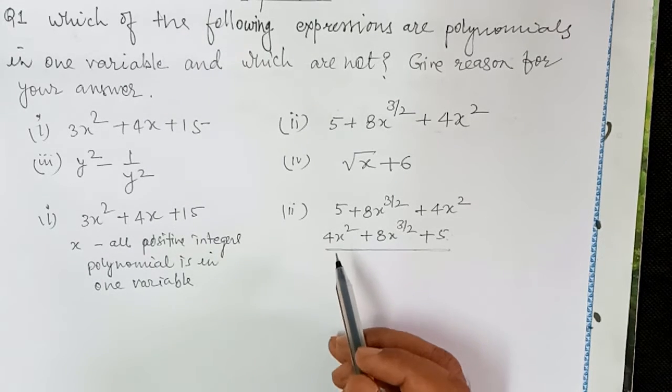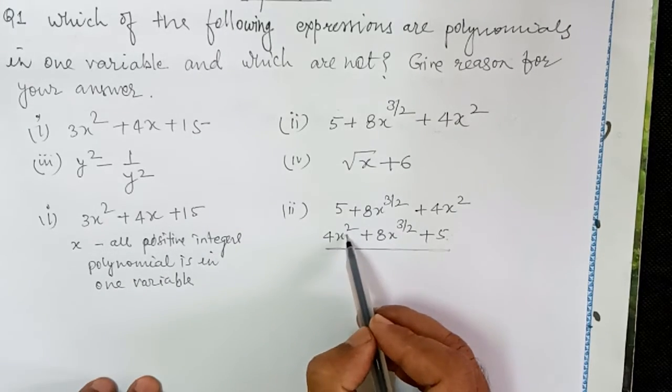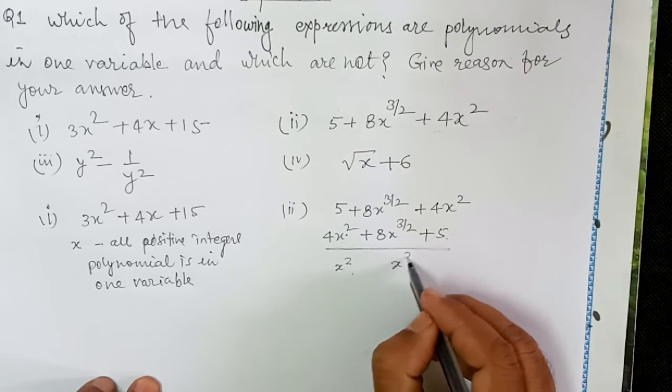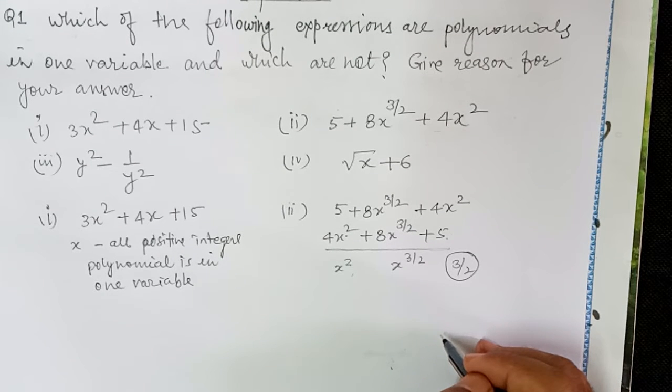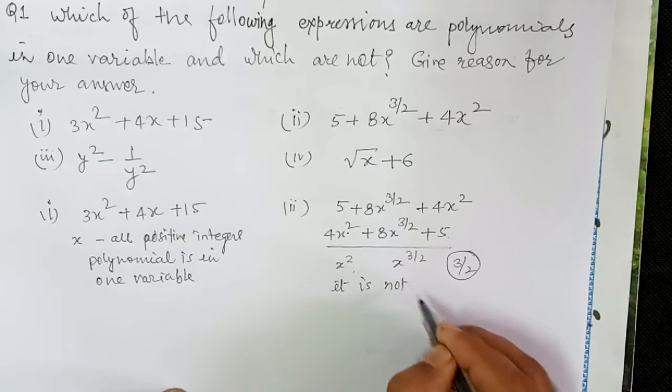This is x to the power 2, exact. Now here it is x to the power 3 by 2. 3 by 2 means it is in fraction. Now if it is in fraction, it is not a polynomial. It is not a polynomial.